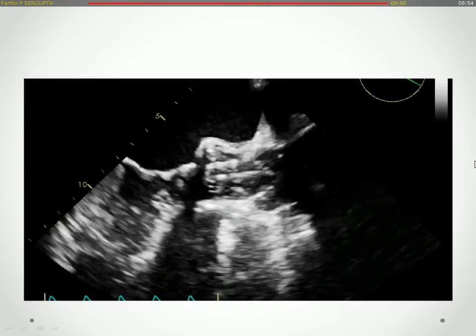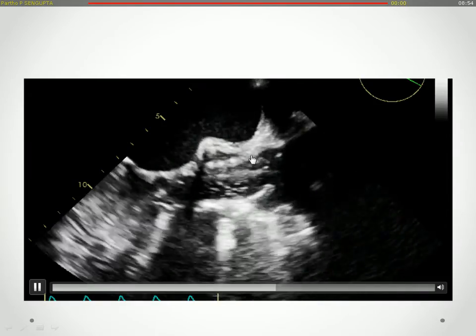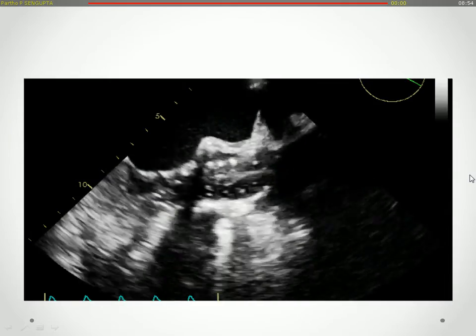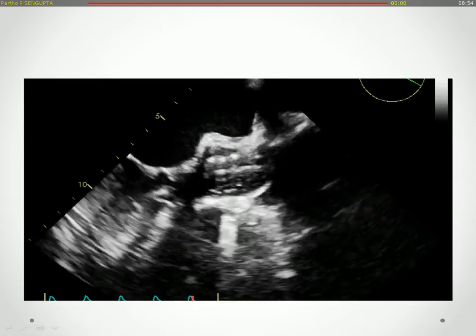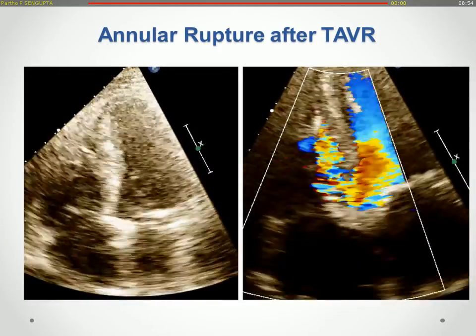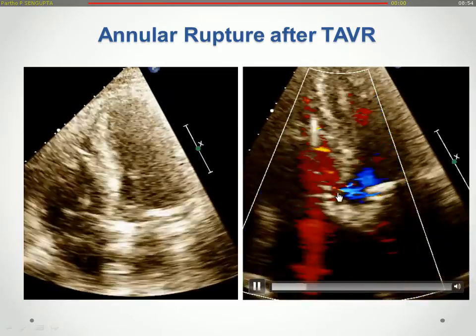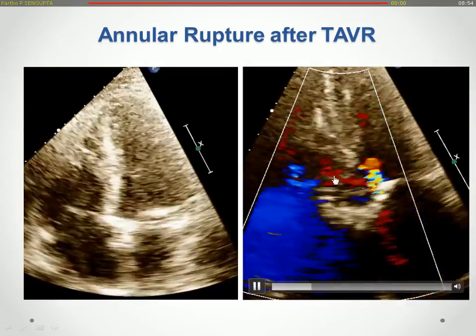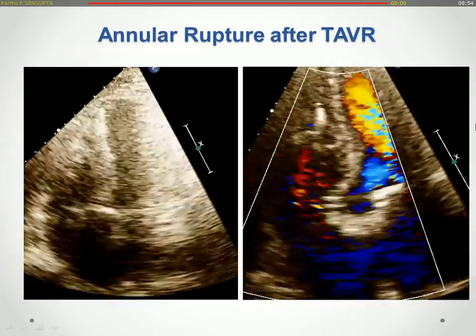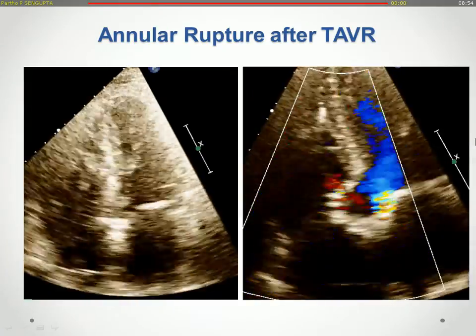So understanding the definition and the location of the valvular calcification really therefore helps in giving a forecast of potential challenges that may be encountered, and this being the most catastrophic challenge, that's the annular rupture. And you can see here there's a VSD which has been created. There's an annular rupture which has happened because of an extensive calcification in this particular case.